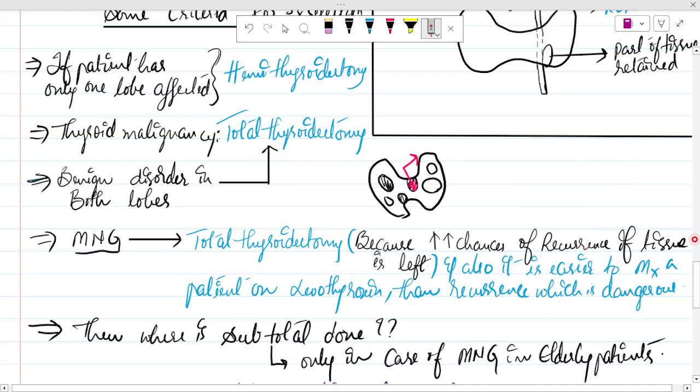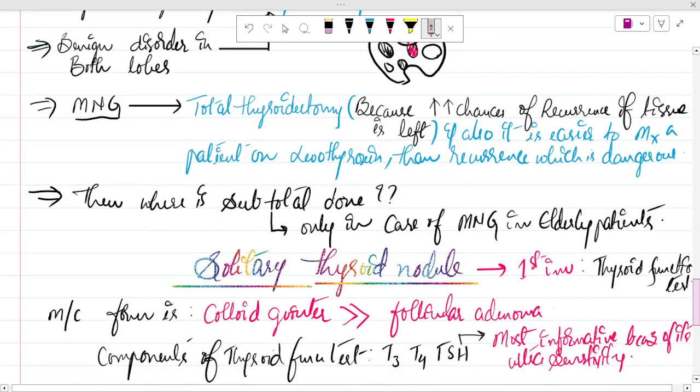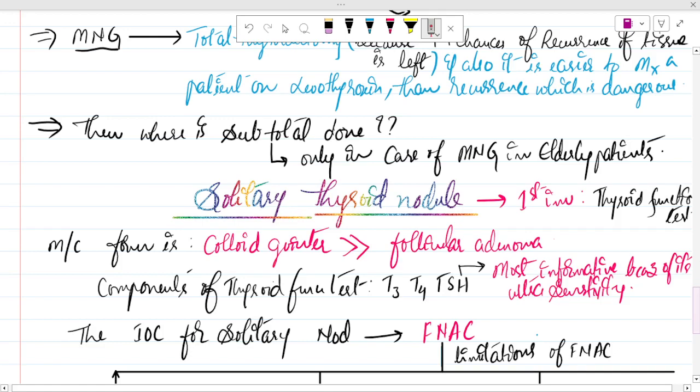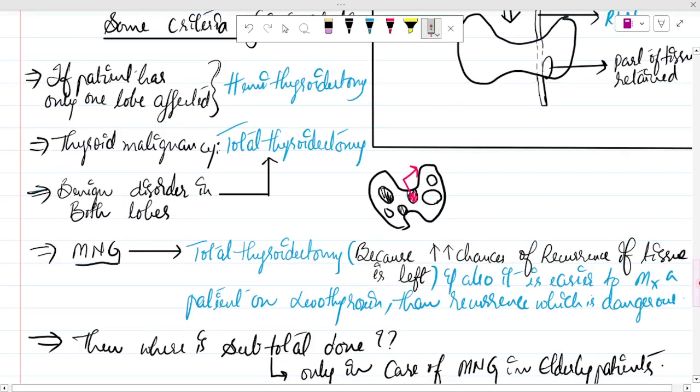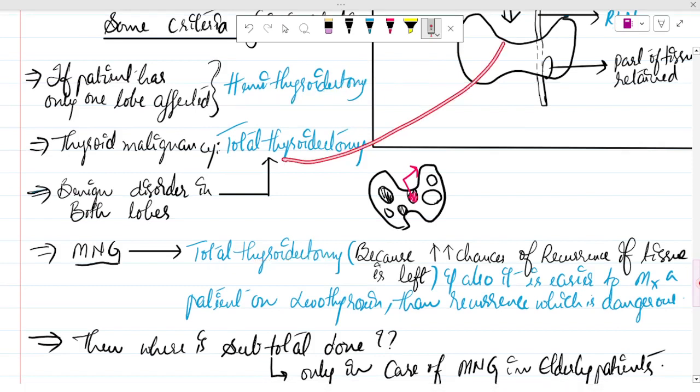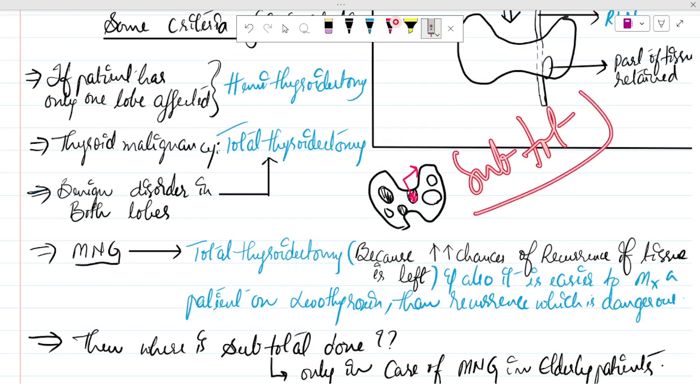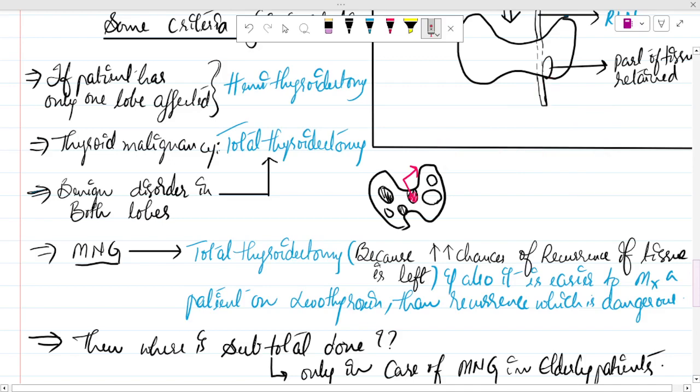We discussed total thyroidectomy and hemithyroidectomy. Now, if those are done in those situations, where will we do subtotal thyroidectomy? If a procedure exists, it should be done somewhere, and you should give that procedure a chance.